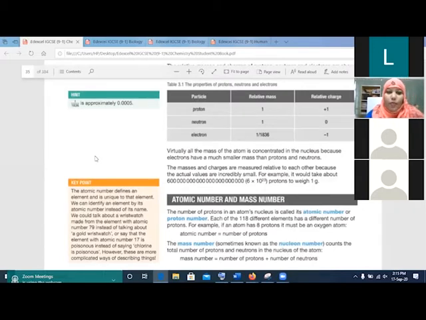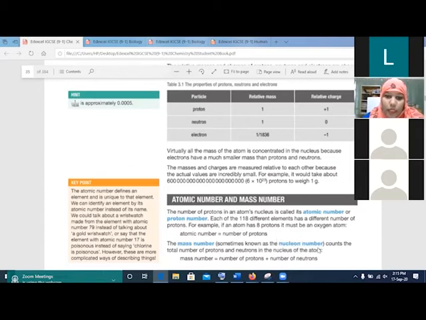And one kind of element is made up of only that type of element's atoms, like magnesium is made up of magnesium atoms only. So the number of protons in an atom's nucleus is called its atomic number or proton number. So atomic number equals the number of protons.